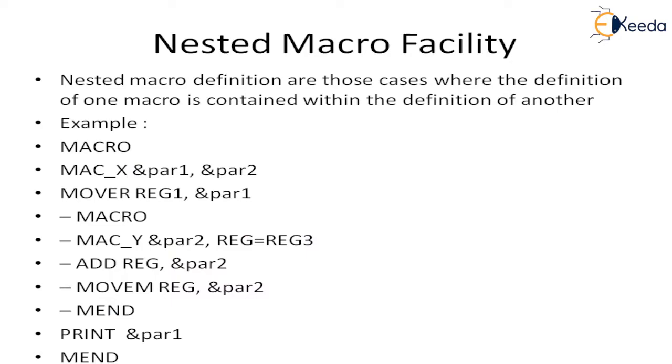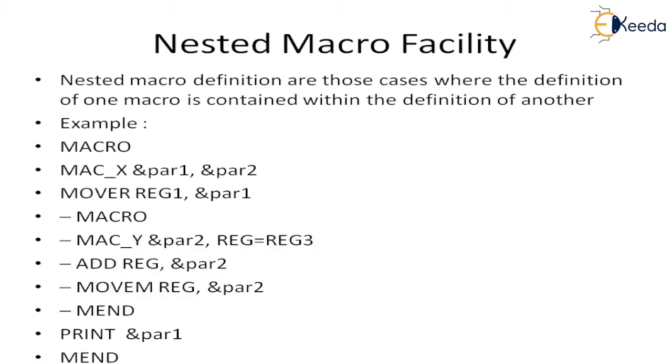Next one is the nested micro facility. As the name suggests, nested micro facility contains one micro within another micro. As shown in the example, there is a micro X with parameters 1 and 2, within which a micro Y is specified with parameter 2 where the register is equal to register 3.